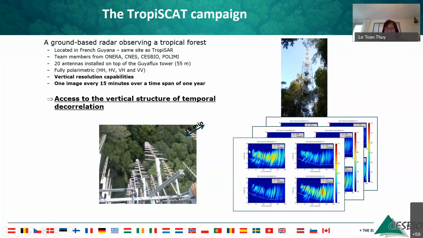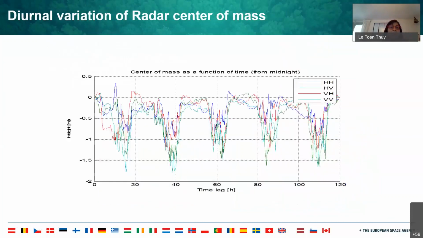You see the measurement of the forest, and then we see the concentration here somewhere, and it goes up and down during the day, something like this. I have to make it better. Here the center of mass as a function of time from midnight.